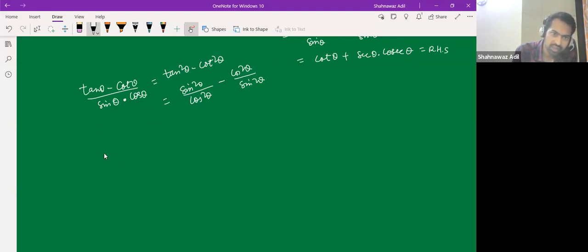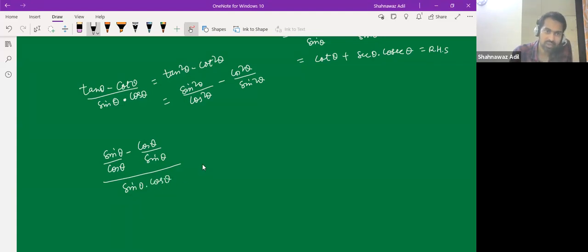This is sine theta minus cos theta, and minus cos theta divided by sine theta, and divided by sine theta into cos theta, right?